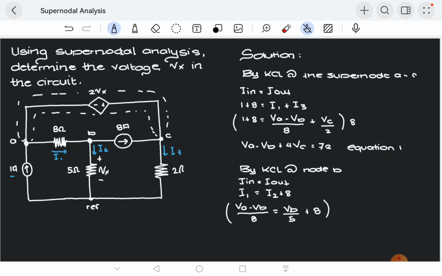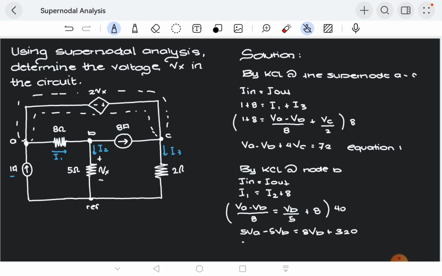Multiply this by 40, since 8 times 5 is 40, the LCD. So we have 5VA minus 5VB equals 8VB plus 8 times 40, which is 320.